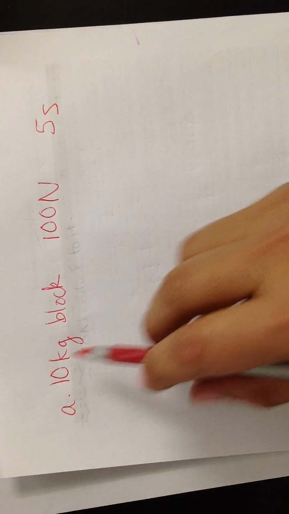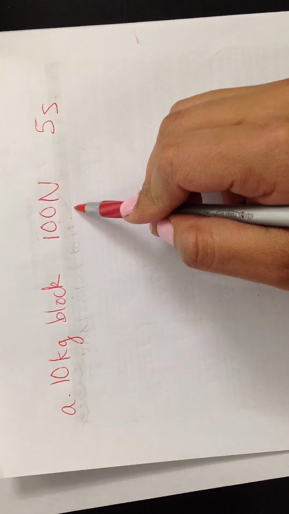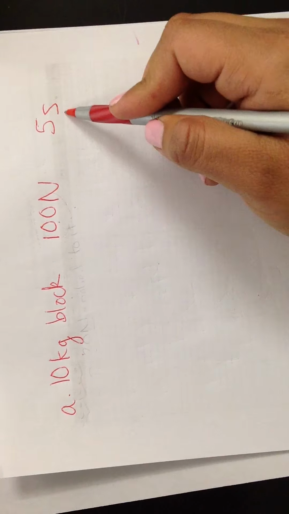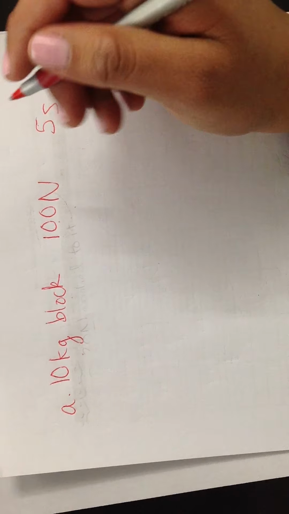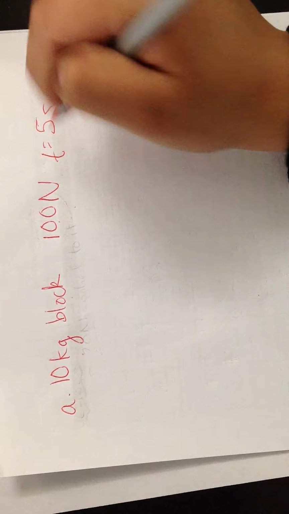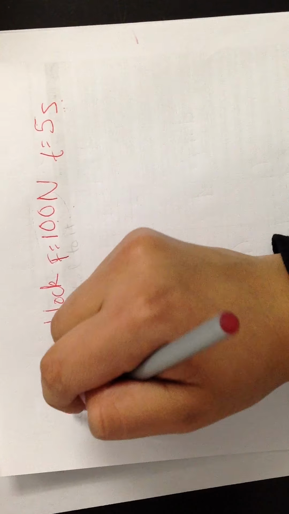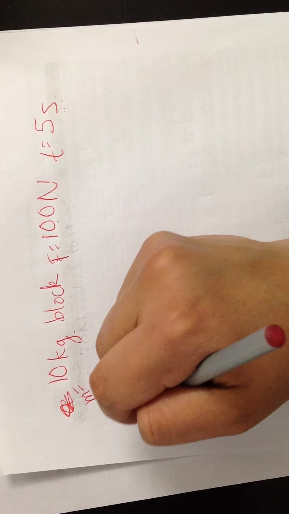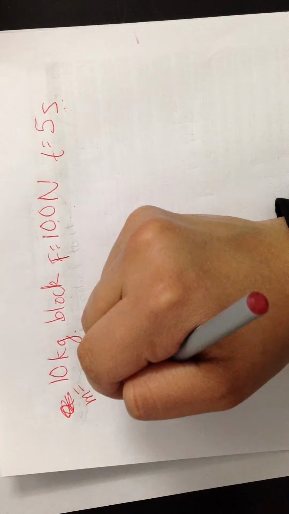So again, you have this 10 kilogram block. Now someone comes and basically applies 100 newtons of force to it, and after 5 seconds that object comes to a complete stop. So this is my time, this is my force, and this 10 kilograms is going to be my mass. Now, for the first part of this question, they're asking you to find the impulse of this car.